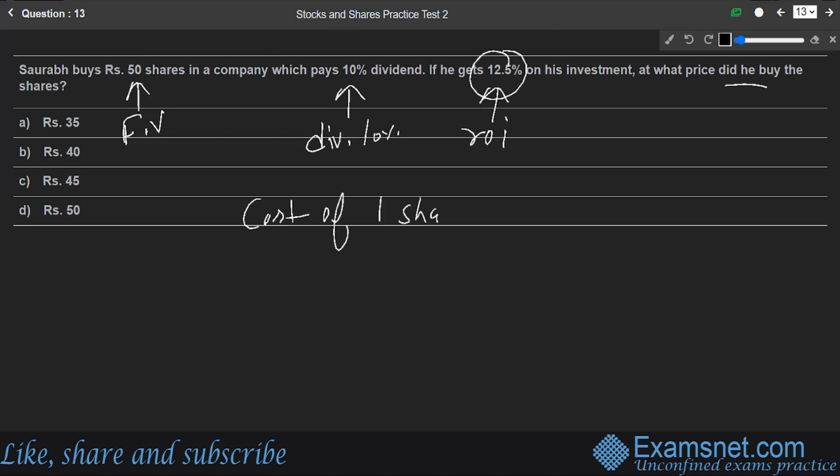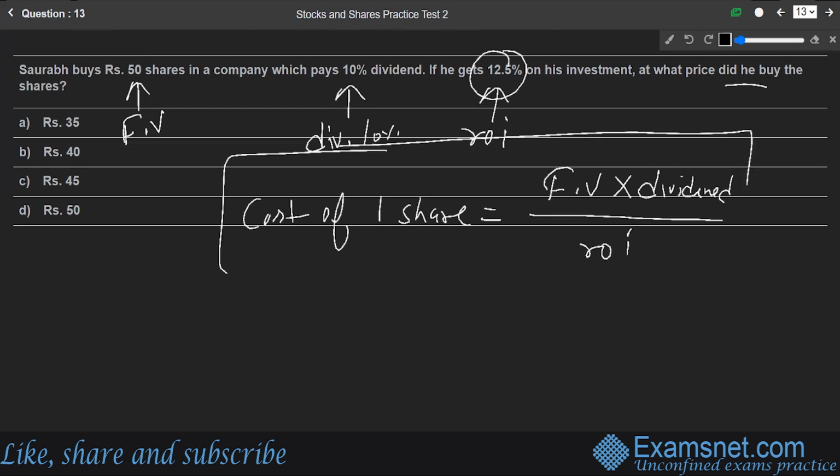So for the cost of one share, we can directly use a formula here rather than doing multiple calculations that will lengthen our work. Cost of one share can be found easily as face value into dividend, divided by the rate of interest. We can use this formula directly. Now let us put down all the values. Cost of one share is 50 rupees into dividend 10%, so over 100 it is 10.